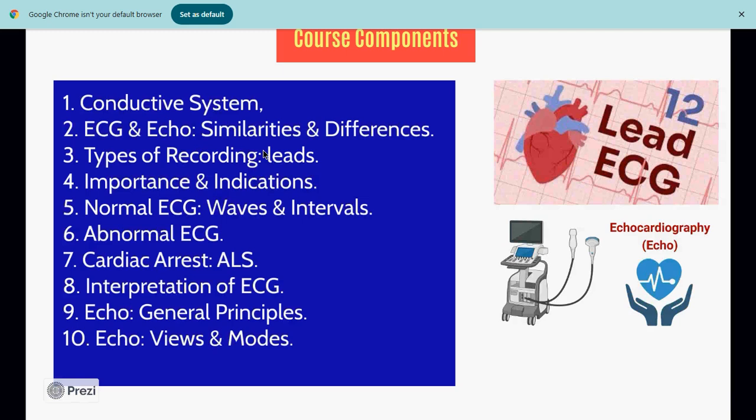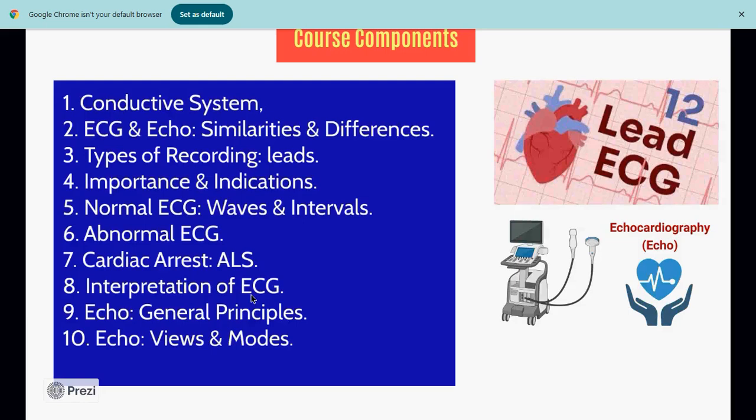Then we will talk about types of recording, the leads, and the differences between electrodes and leads, the importance and indications of ECG, normal ECG waves and intervals, abnormal ECG, and then cardiac arrest and advanced life support. ALS stands for advanced life support.